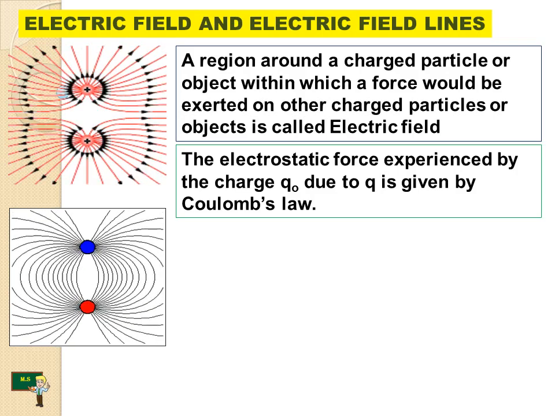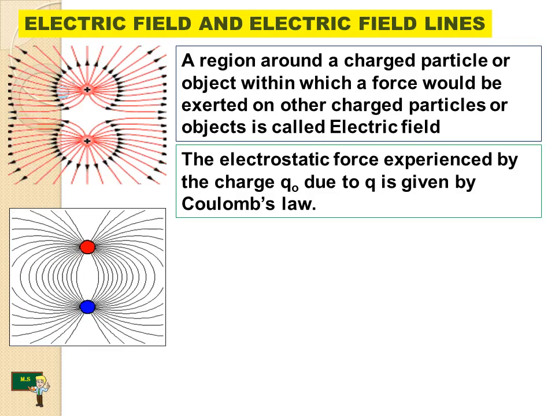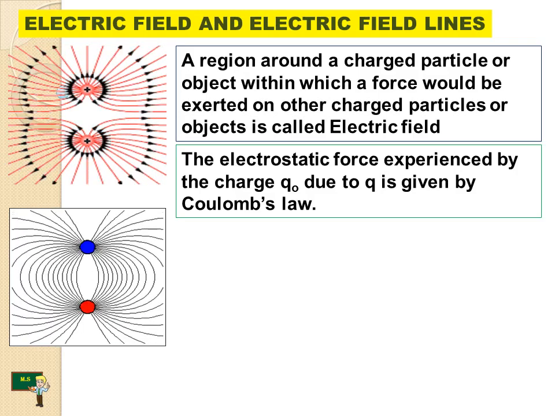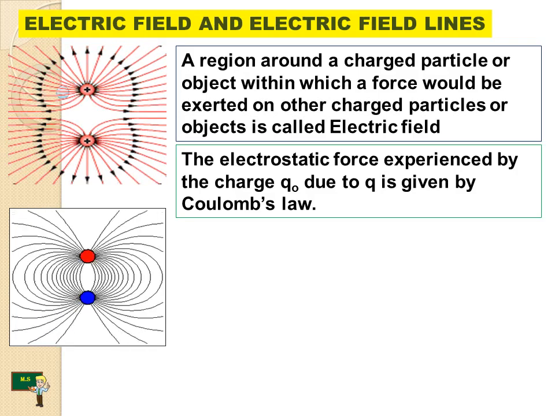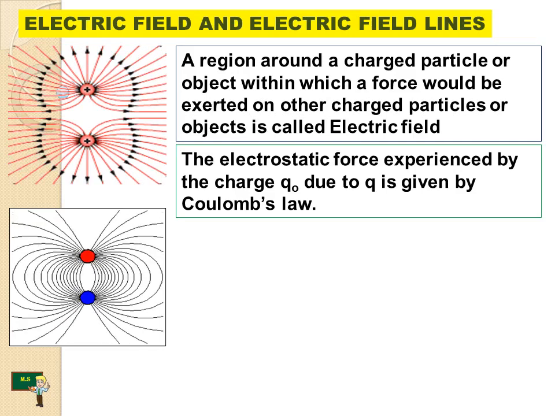Likewise, according to Faraday, every charge in the universe creates an electric field in the surrounding space, and if another charge is brought into its field, it will interact with the electric field at that point and will experience a force.